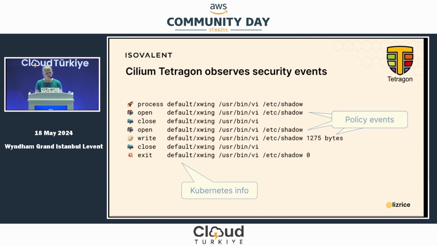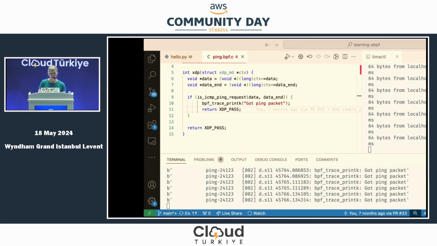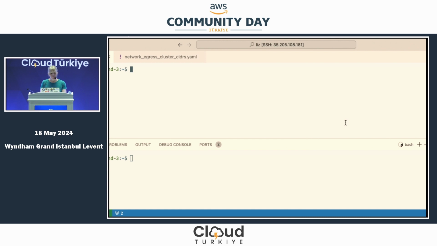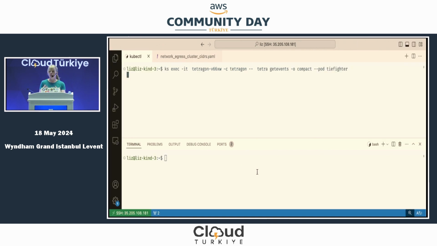So I want to show an example of Tetragon observing some security events. By default, let me just start my log. By default, Tetragon is going to tell us whenever a process starts and stops. This is really similar to the example I showed you in Hello World, where we saw every time a process starts.